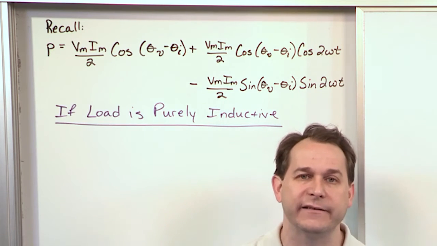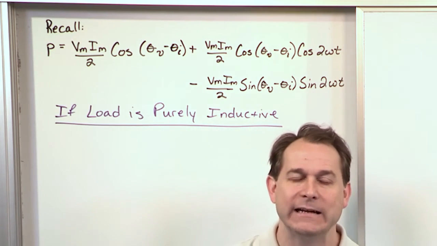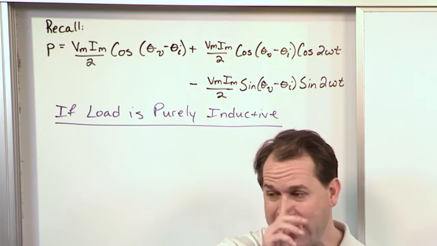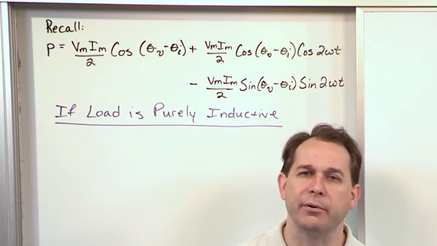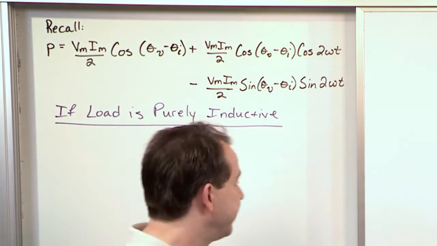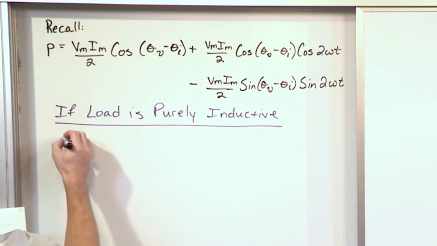The current lags the voltage in an inductor or across an inductor by exactly 90 degrees. Current lags the voltage by 90 degrees. I'm going to show you how to prove that to yourself, but just remember it, because if you can just remember these few little things I tell you to remember, it's going to make your life so much easier. So let's go down here and write that down, and I'll explain what I'm talking about.